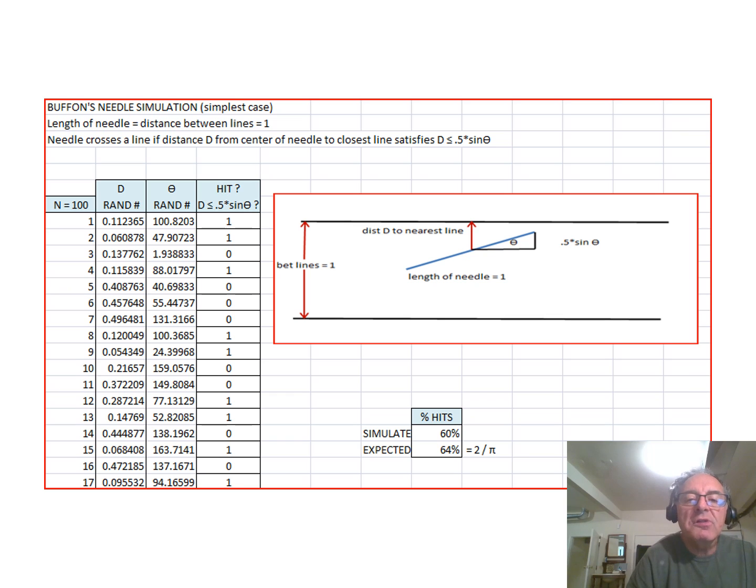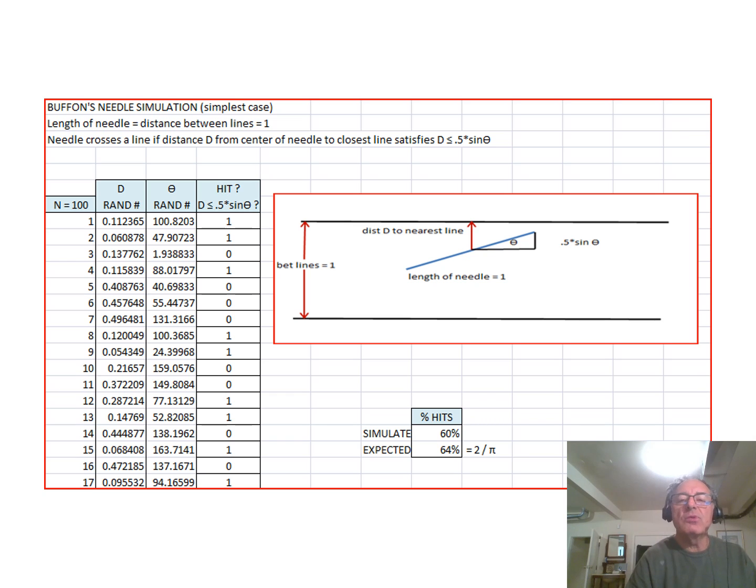Distance is a number between 0 and 1 because I've started with a, no, distance is between 0 and 5.